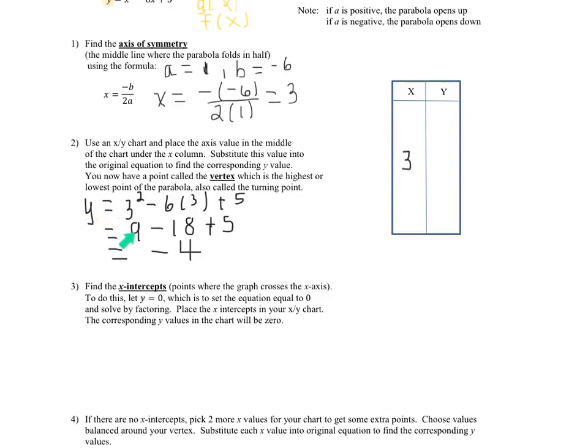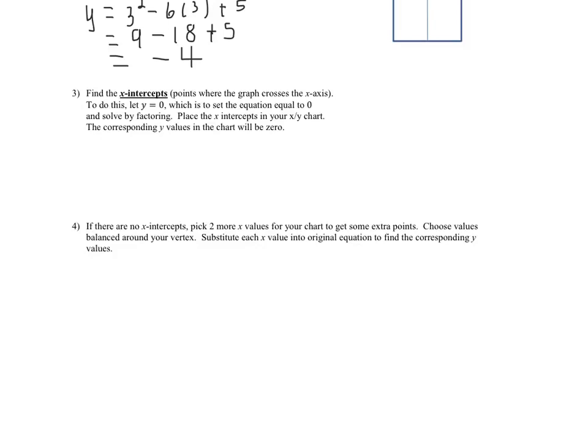So we have 3 squared is 9 minus 18 plus 5, which will equal out to negative 4. The negative 4 is the number we're going to put in our chart for the 3. This point, 3 comma negative 4, is our vertex, and you will see that when we plot it on our graph later.